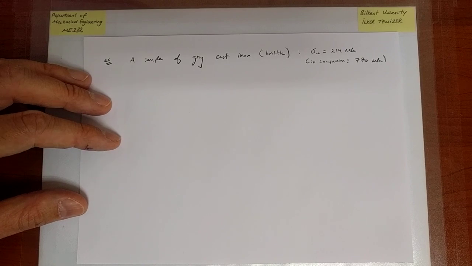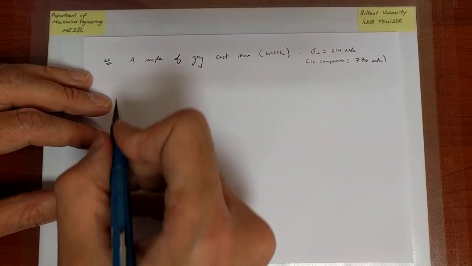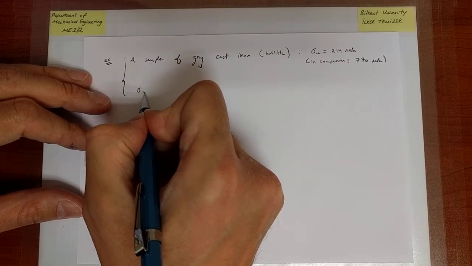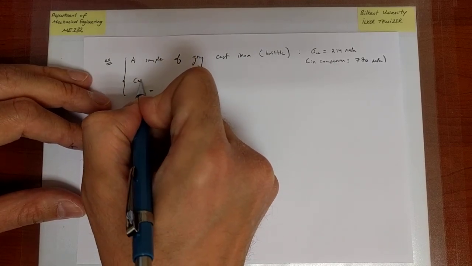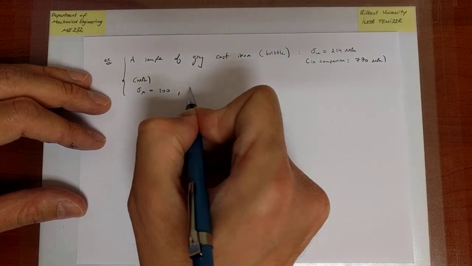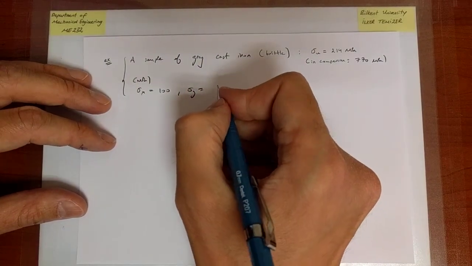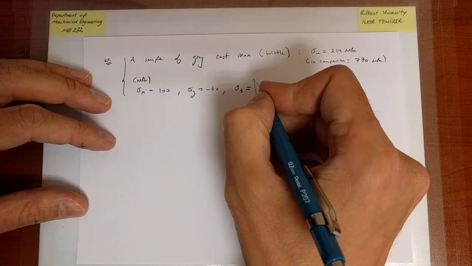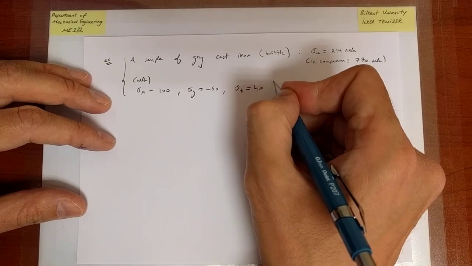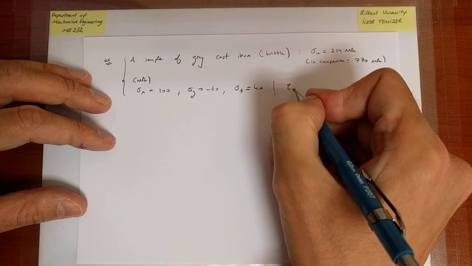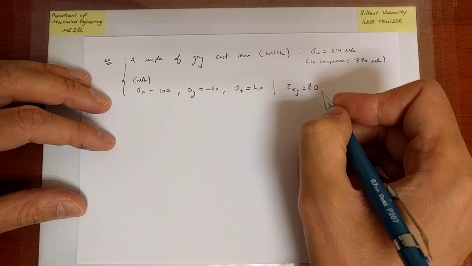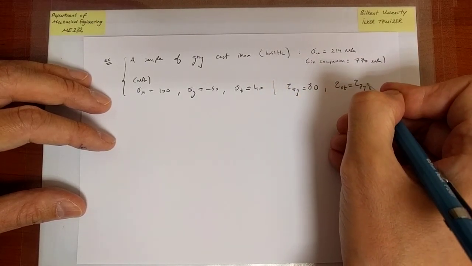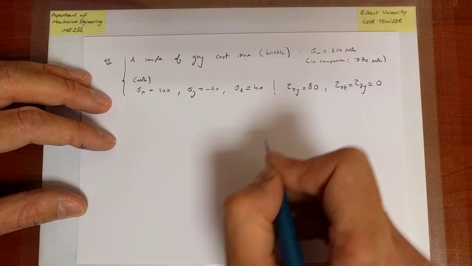And the state of stress is going to be such that, all in MPa, sigma x is equal to 100 MPa, sigma y is equal to minus 60, sigma z is equal to 40, and tau xy is 80, whereas tau xz and tau zy are individually 0.